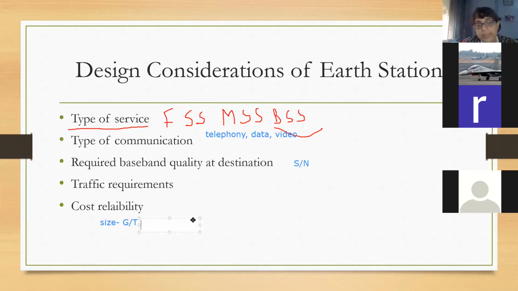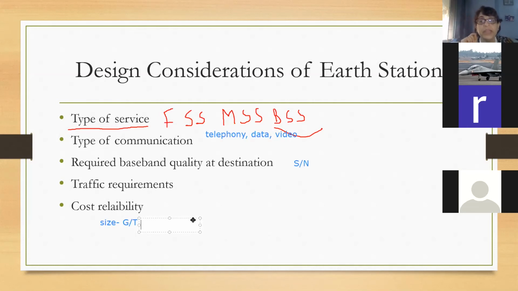Yeah, good, coverage area. The important part of an earth segment is not only your earth station but also the coverage area. Actually, when I talk about an earth station, it has to be very directional, right? I'm communicating with a particular satellite.